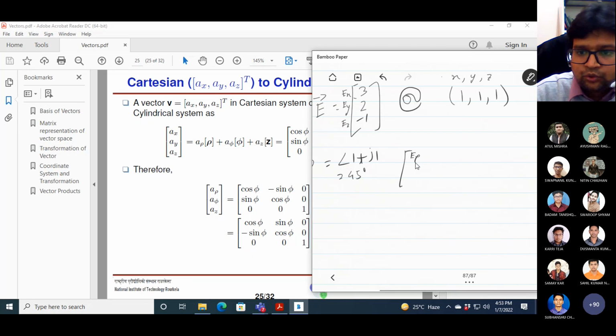So E rho, E phi, and Ez. Obviously Ez will not change, and only rho and phi will change. So that equals, what is cos phi? That is 1 by square root of 2. So here you can write 1, and sin phi is also 1, here minus 1, here 1, and 0 0 0 0 1.